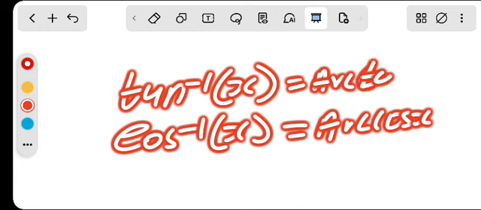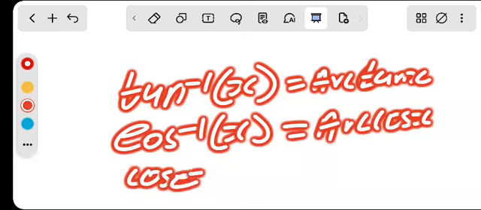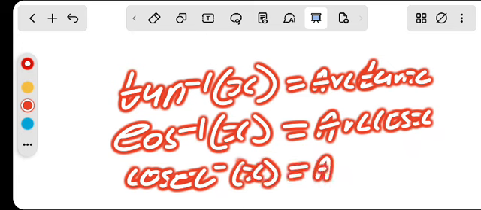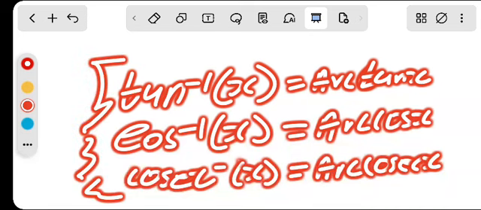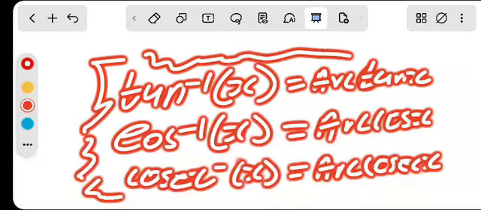We'll also see the inverse of cosec x, which is the same as arc cosec x. There are many; we'll look at all of them, cosec, sine, all of that.